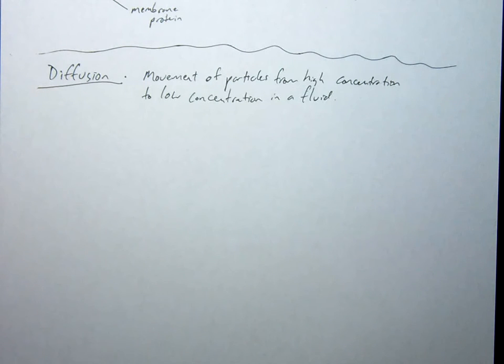Particles of that coffee, as soon as I open the bag and put it in that bowl, are aromatic. They're small enough to travel through the air. So as soon as they go into the air, they're going from that area of high concentration, which is in the bag, to the low concentration, which is in the room.